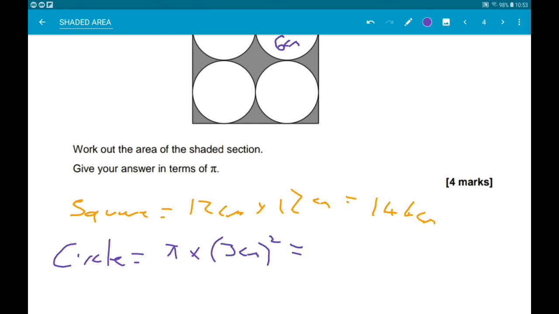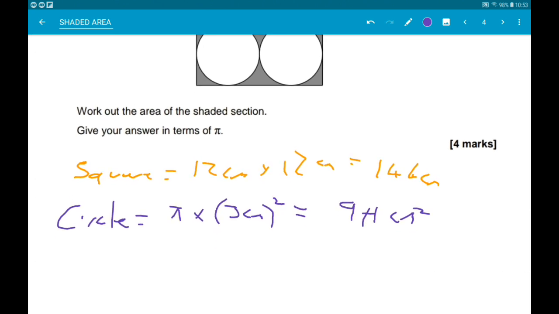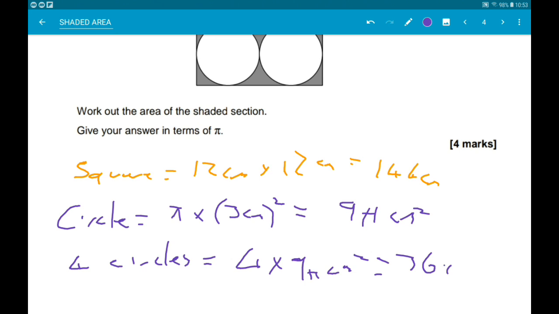So that's going to give us 9 pi centimeters squared. Now we have 4 circles. So that's 4 times 9 pi centimeters squared, which is 36 pi centimeters squared.